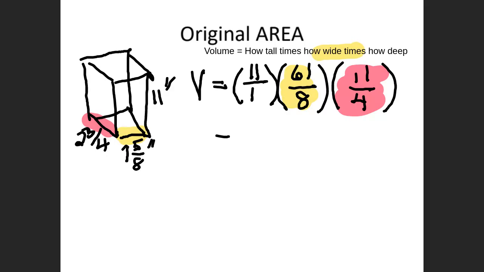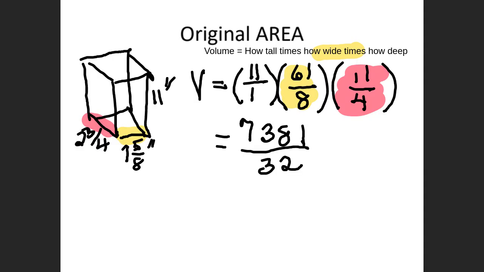Now, we are going to multiply all the way across. We are going to get 11 times 61 times 11 in the numerator, which is 7,381 over 32.